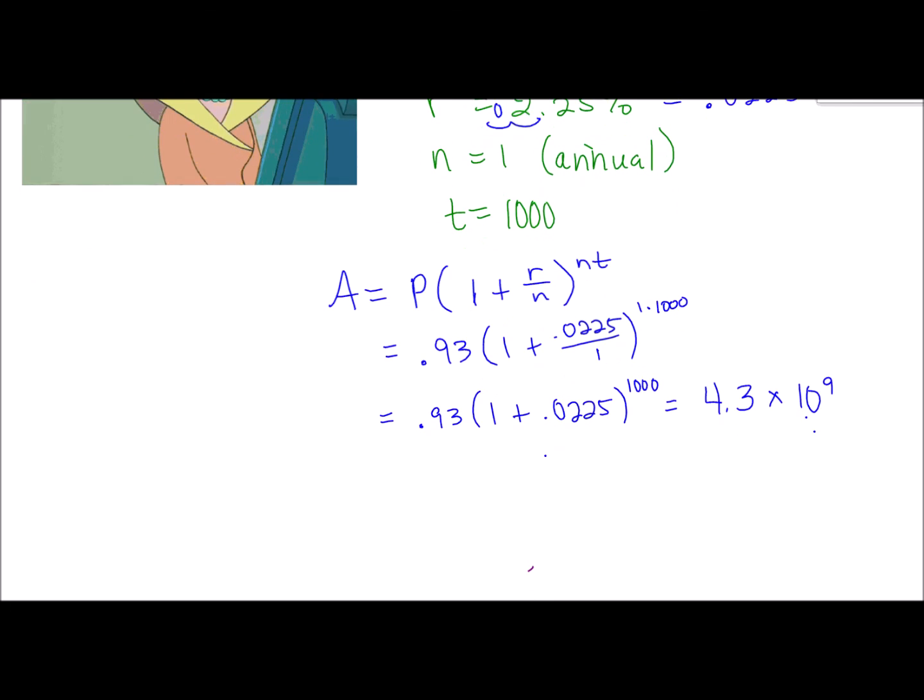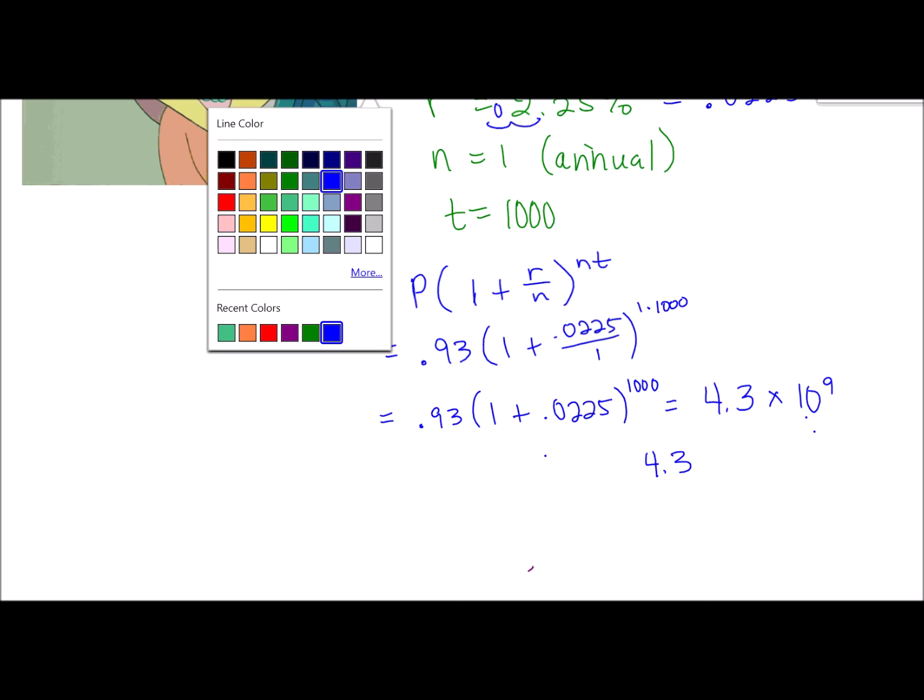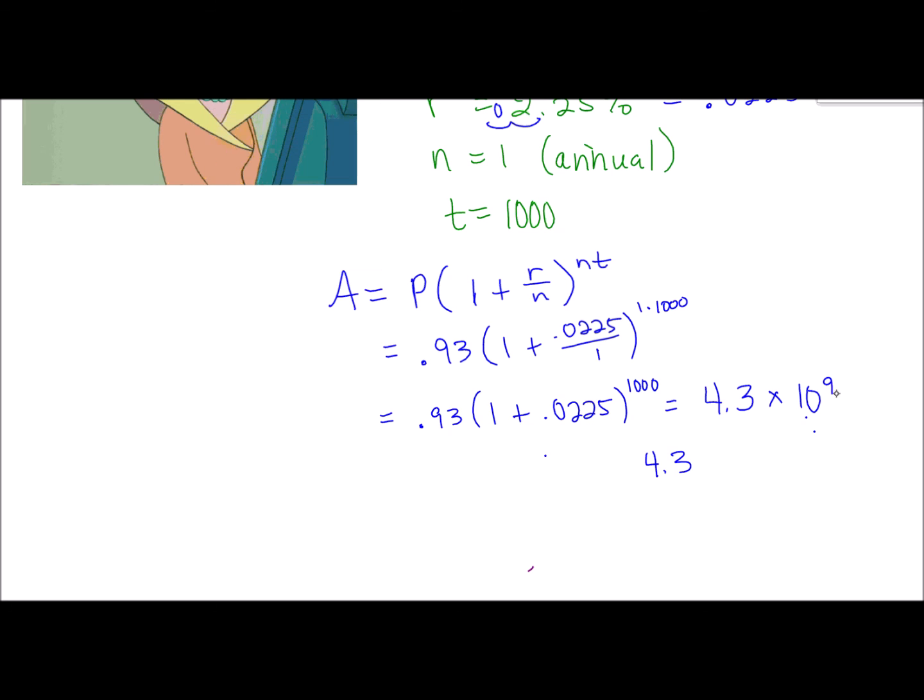That's called scientific notation. I don't know if you guys remembered or not. But what that says is, okay, now take that decimal and move it to the right 9 times. So 1, 2, 3, 4, 5, 6, 7, 8, 9. All right. Whoa.